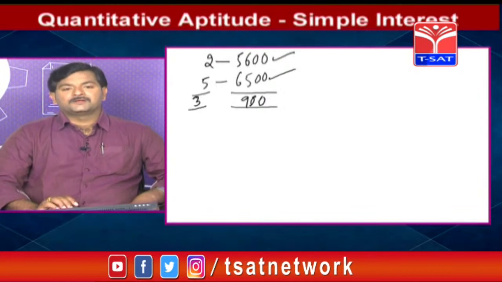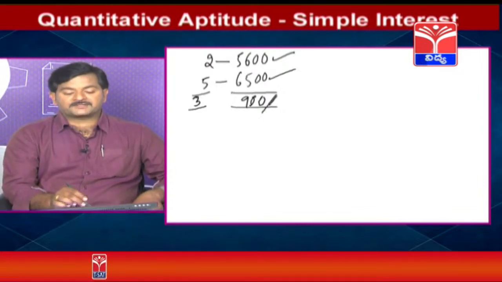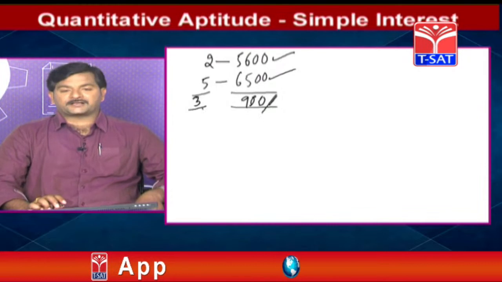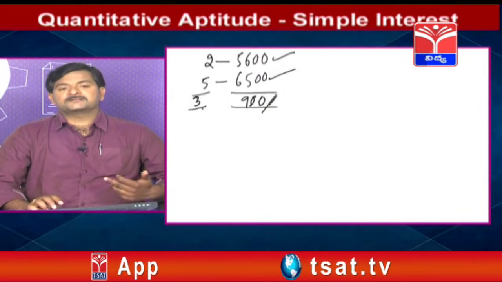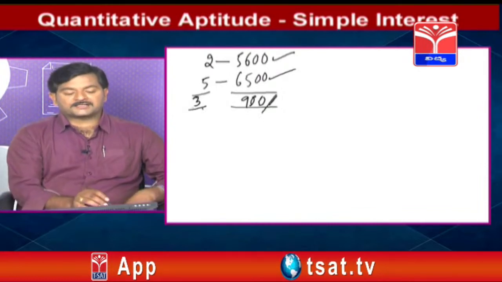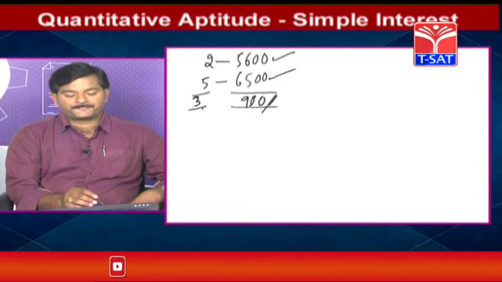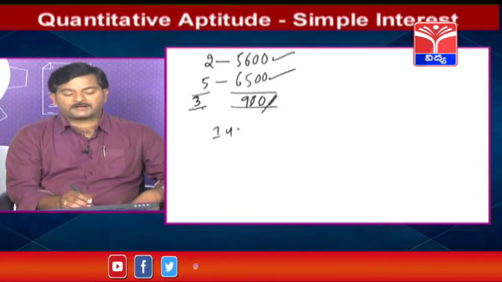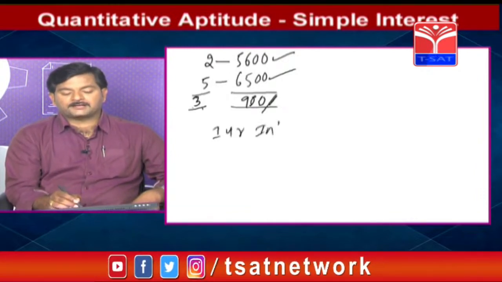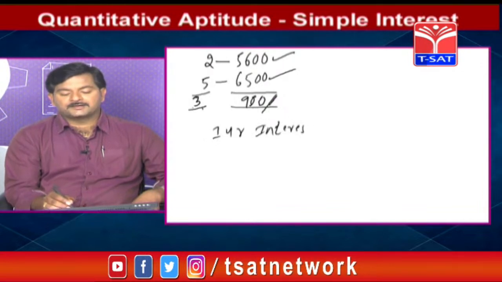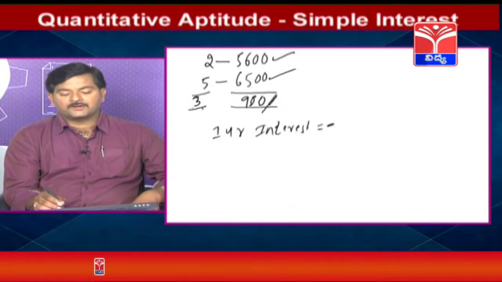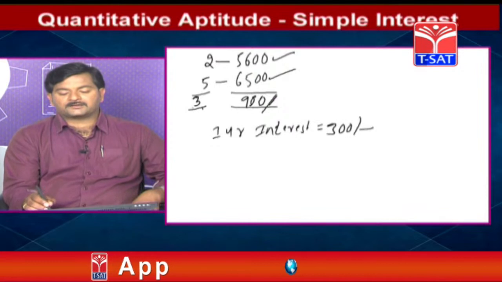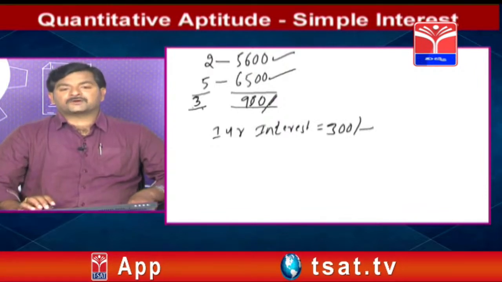So why am I getting 900 extra for 3 years? Obviously it is interest. What kind of interest? Simple interest. So for 3 years interest is 900. Then what could be 1 year interest? 1 year interest is equal to 300 rupees.